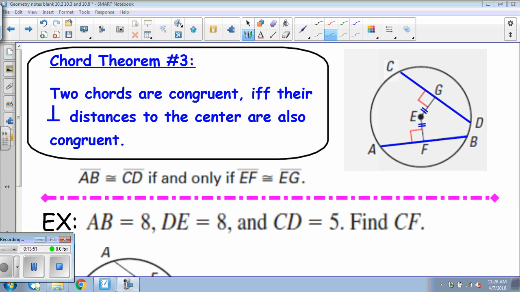Okay, so let's look at what this means. Two chords are congruent if and only if their perpendicular distances to the center are also congruent. First, why are they saying perpendicular distance?